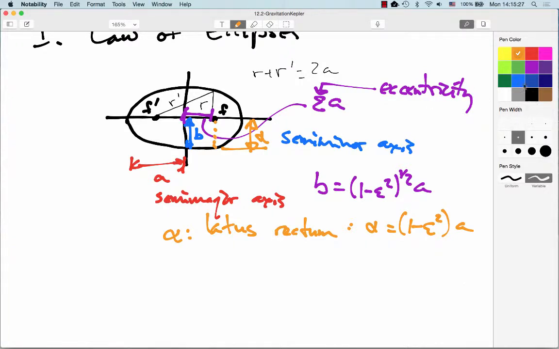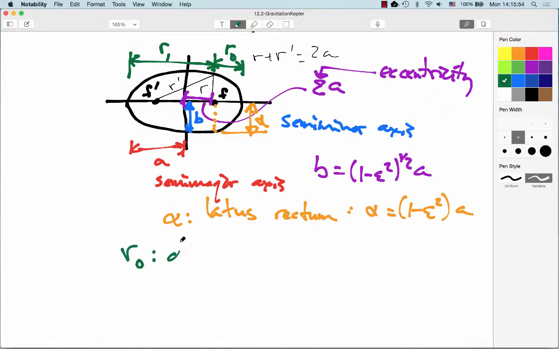Then the only other two distances that we really have cause to worry about in our anatomy of the ellipse here will be the distance from the focus to one end and the distance from the focus to the other end. And this one gets called R0, that one gets called R1.